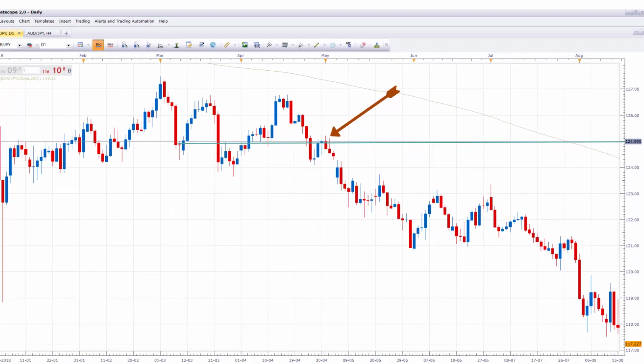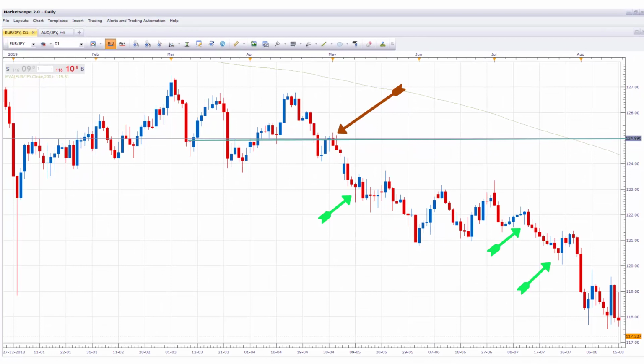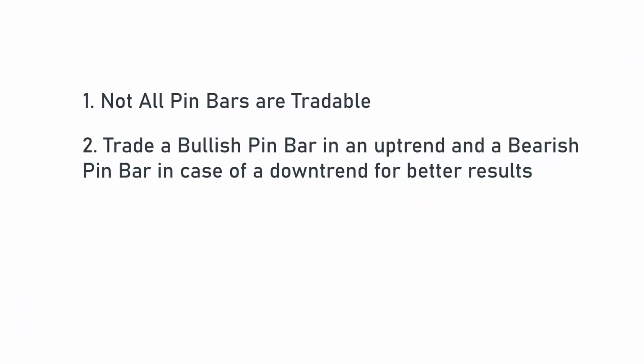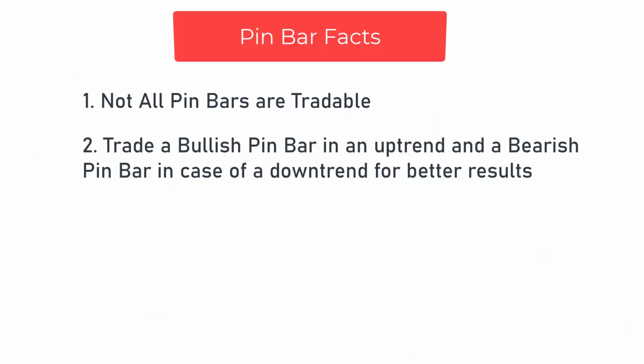Similarly, if you look at these bullish pin bars, which were formed against the trend, they were not successful. You can see a few more bearish pin bars which were formed in the direction of the trend, resulting in profitable trades. To have a higher probability of success, trade a bullish pin bar in case of an uptrend and trade a bearish pin bar in case of a downtrend.